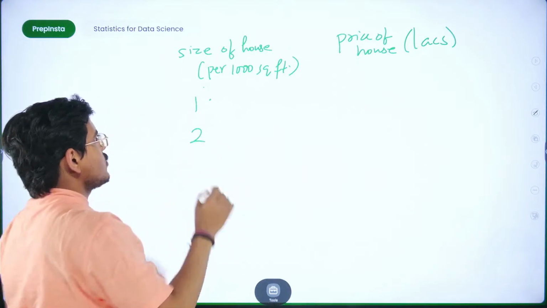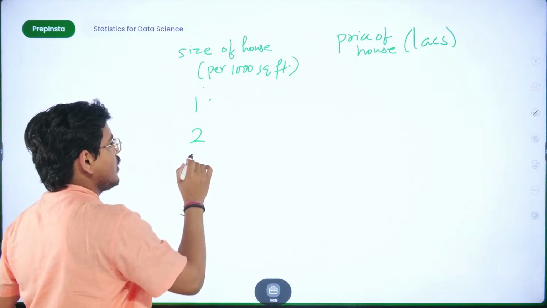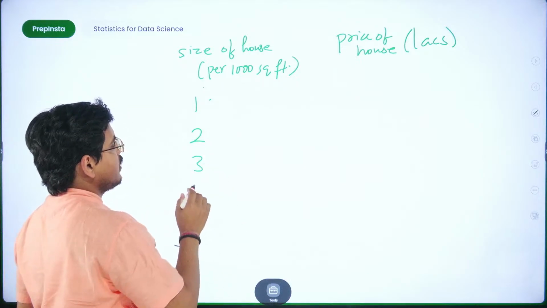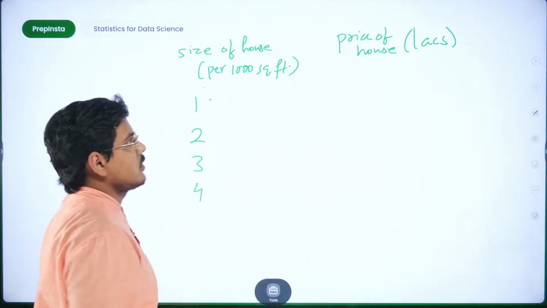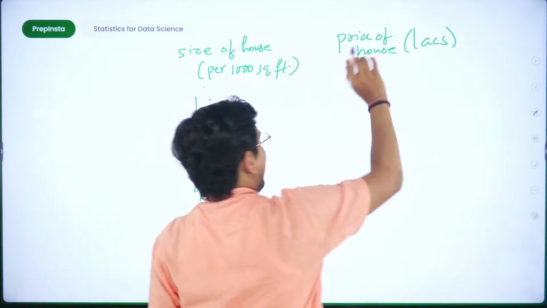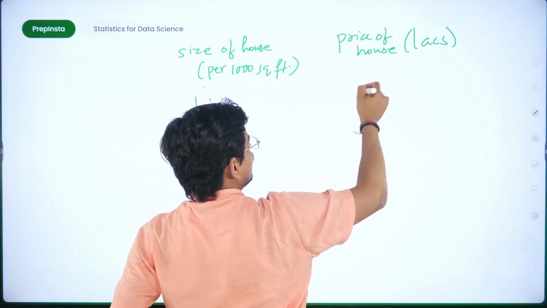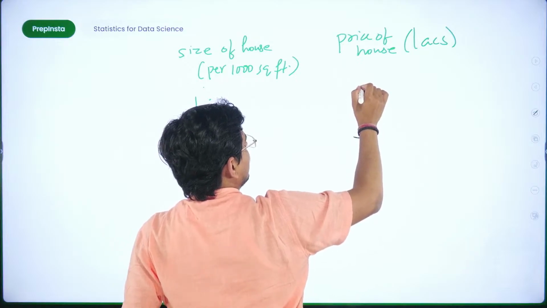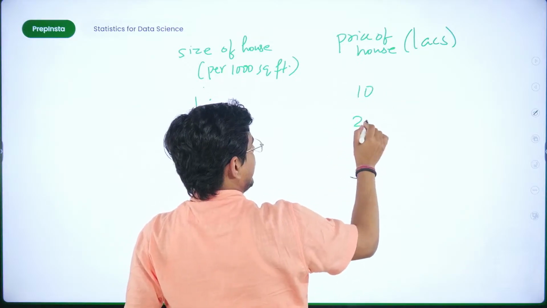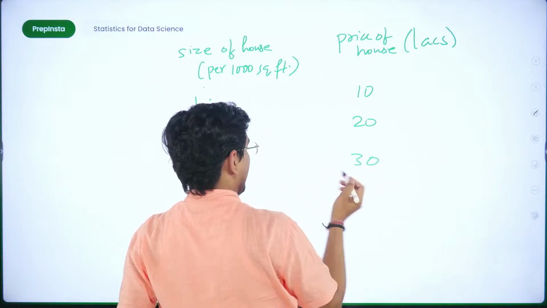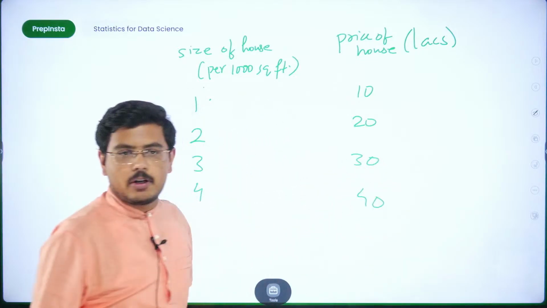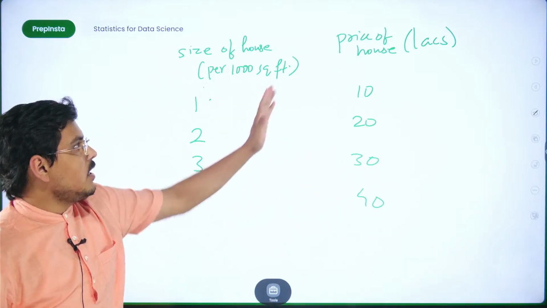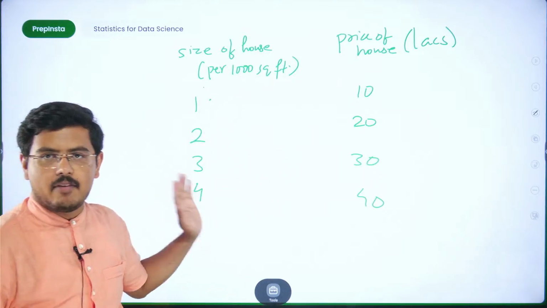This is basically 1000 square feet, 2000 square feet, 3000 square feet, and 4000 square feet. Price of the house in lakhs. For 1000 square feet it is say 10 lakh, for 2000 it is 20 lakh, for 3000 it is 30 lakh, and for 4000 square feet it is 40 lakhs. This is the basic data set that we are having.